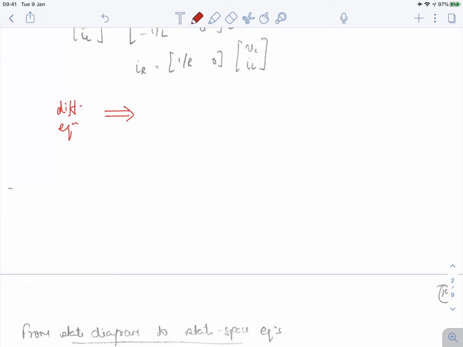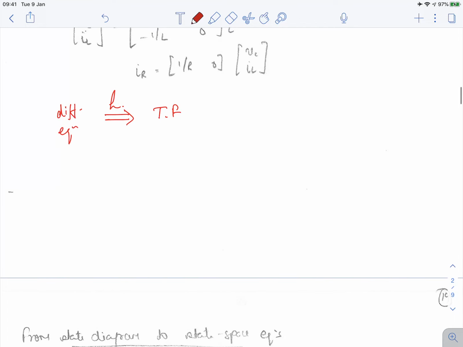From this differential equation we form the transfer functions by using the Laplace transform. So if I have an nth order differential equation, then we had seen that by taking the Laplace transform I would obtain an n degree polynomial in the denominator of this transfer function.